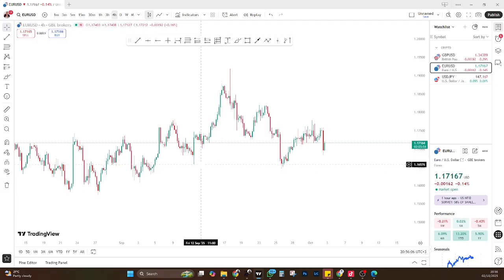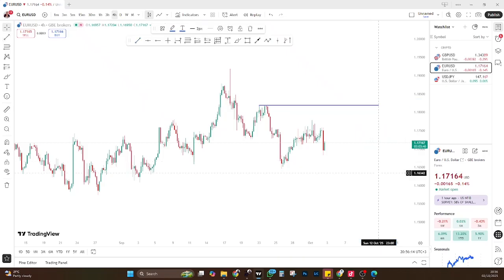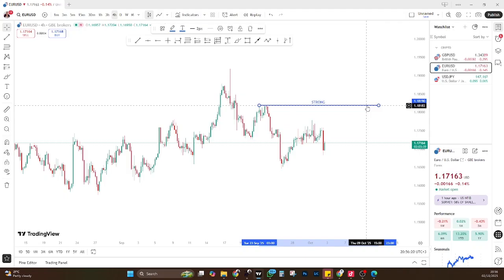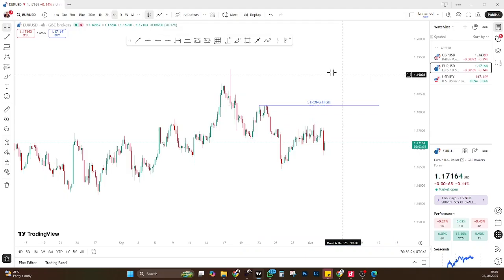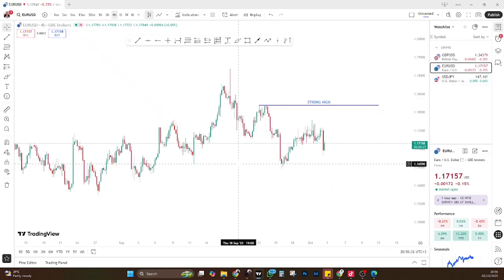Okay, that means this is what we call a strong high. Why? Because this is the high that broke or changed the character or broke the market structure to the downward.